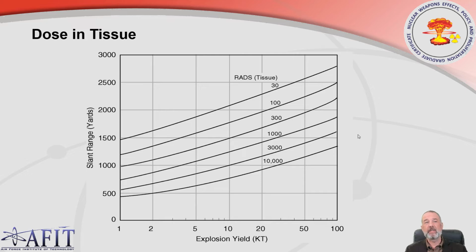So this is dose in tissue, and this is a pretty generic chart. It's very specific to nuclear weapons, and it includes both prompt gammas and prompt neutrons coming from the device. So we have our explosive yield and our slant distance, or our true distance away from the center of the detonation.